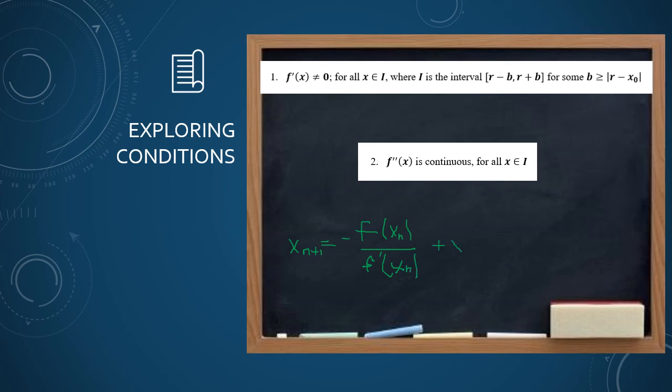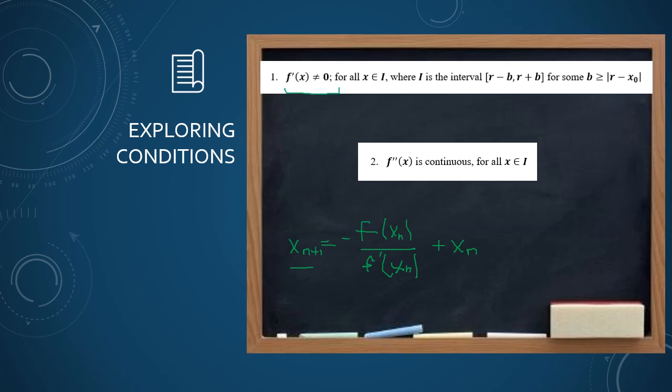Now what happens if f prime of x of n goes to infinity? Well, let's see. What is our condition here? f prime of x does not equal 0.